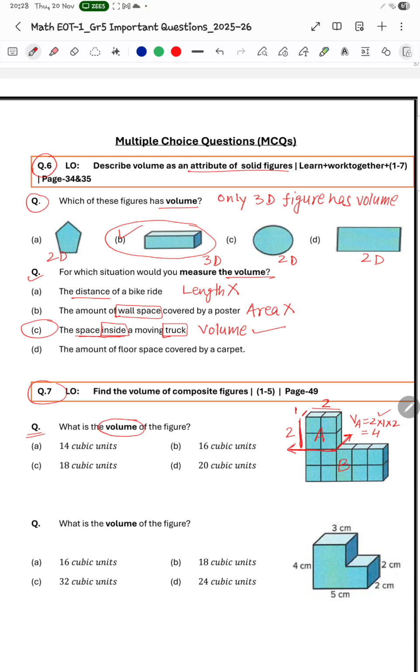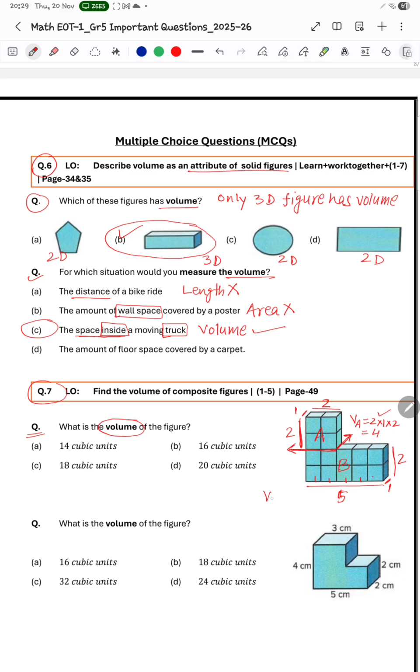Like this, we will find volume of B block. So L is 1, 2, 3, 4, 5. So this will be 5. As you can see, this will be 1 and the height will be 2.